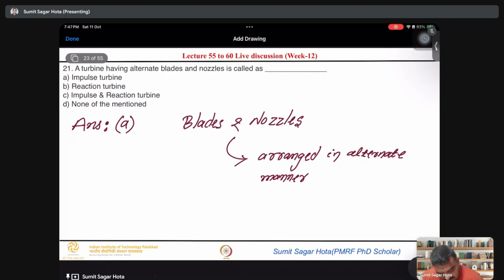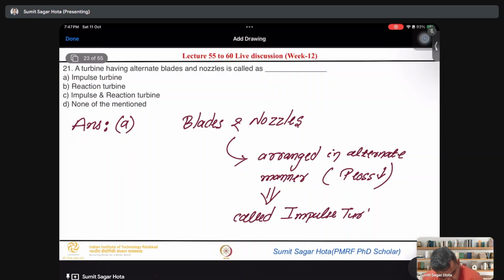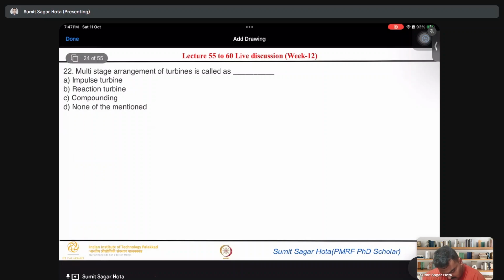The pressure loss will decrease. So the multi-stage arrangement of turbines is called as what? It's called compounding.